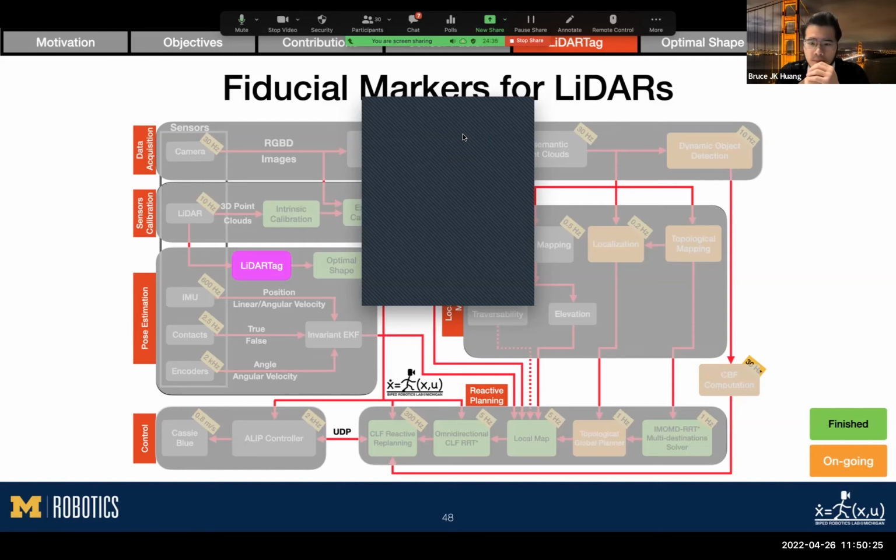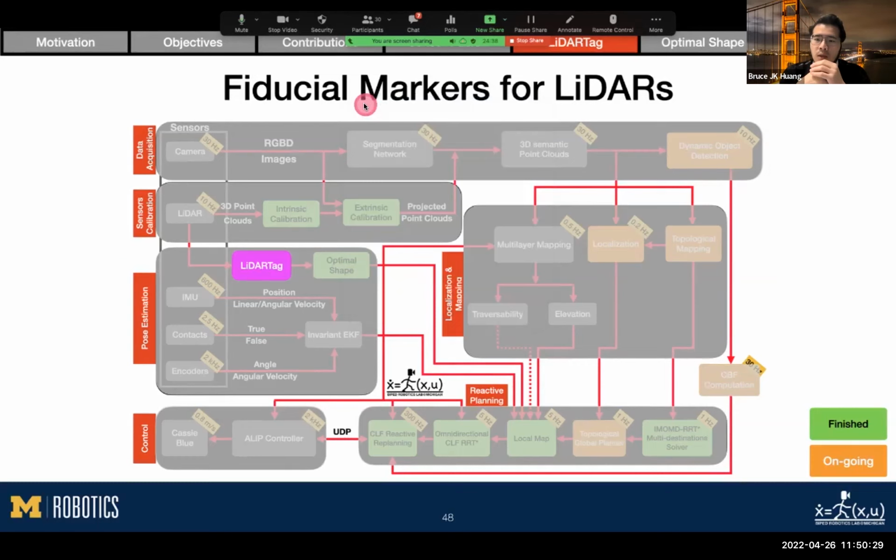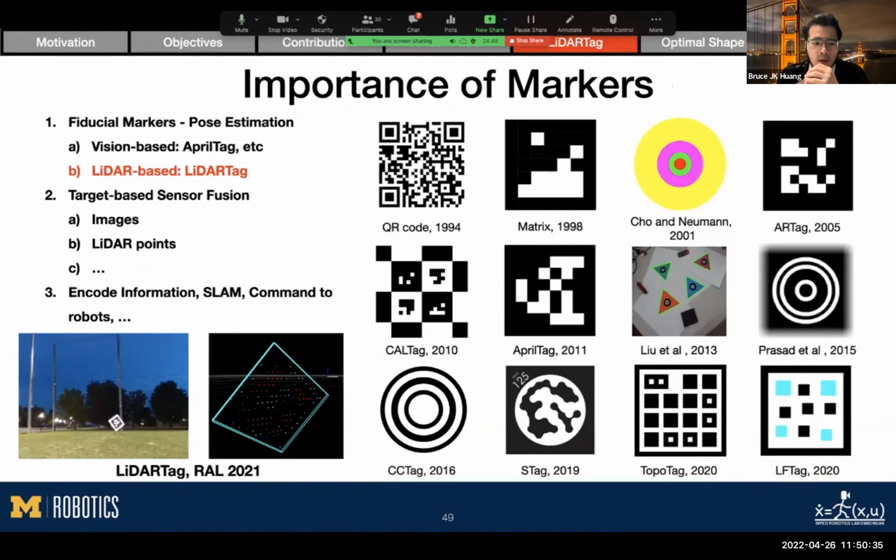In the following, I'm going to introduce LiDAR tag, the very first fiducial marker system for LiDAR sensors. Fiducial markers are types of patterns that encode information such as websites, poses, or high-level commands. Image-based fiducial markers have been around for more than 30 years. Before the LiDAR tag, all the fiducial markers were made for images.